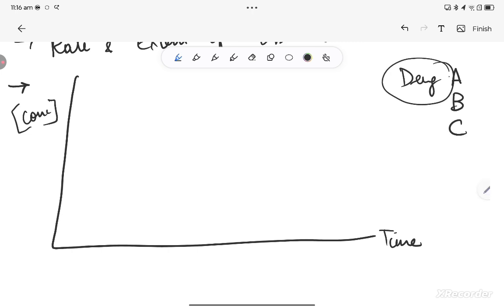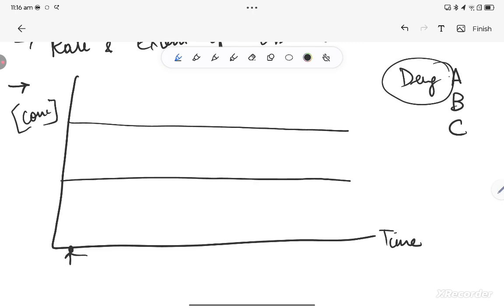For any drug, based on the already done research, we will find out two important parameters. One is the minimum effective concentration and the other one is the maximum safe concentration. Clear?